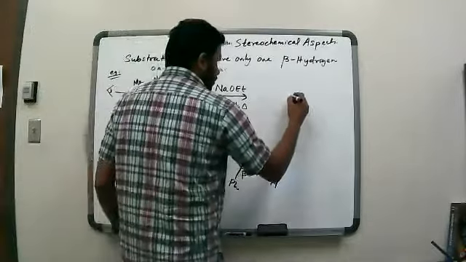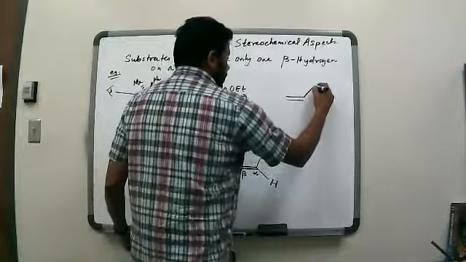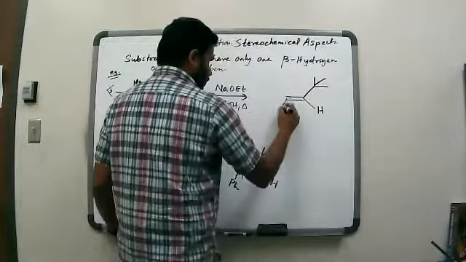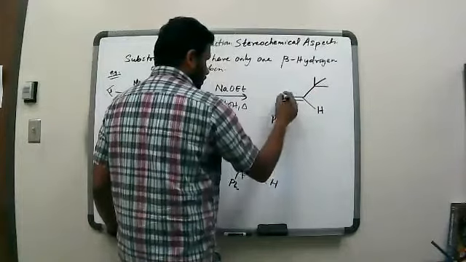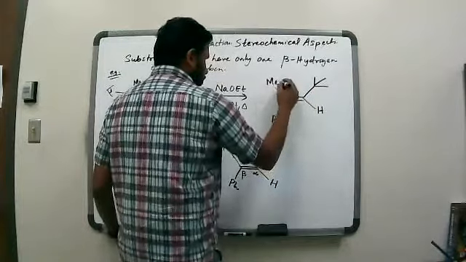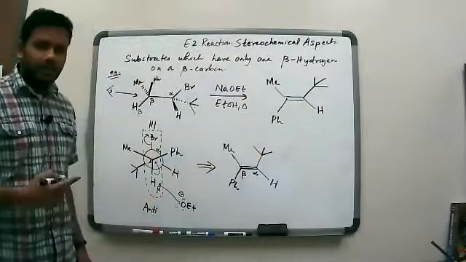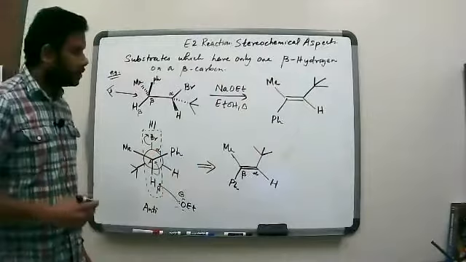Okay, so that means our product in this particular case is going to be this molecule. Let me draw this out. And again, I want you guys to work through assigning E and Z configurations.